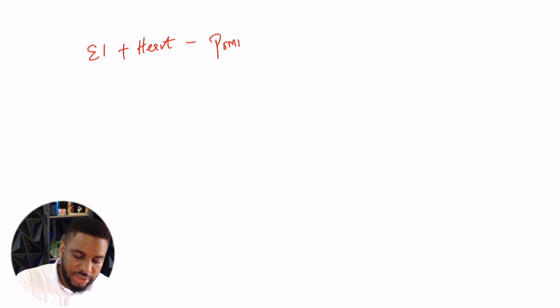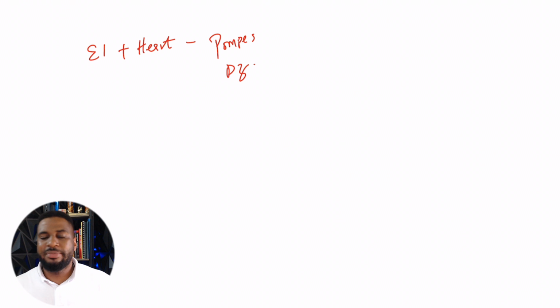So now, if I asked you a few questions real quickly: exercise intolerance plus heart, what would that be? I hope you said Pompe's disease. Do you remember the enzyme that was deficient in Pompe's disease? I hope you said alpha-1,4 glucosidase.